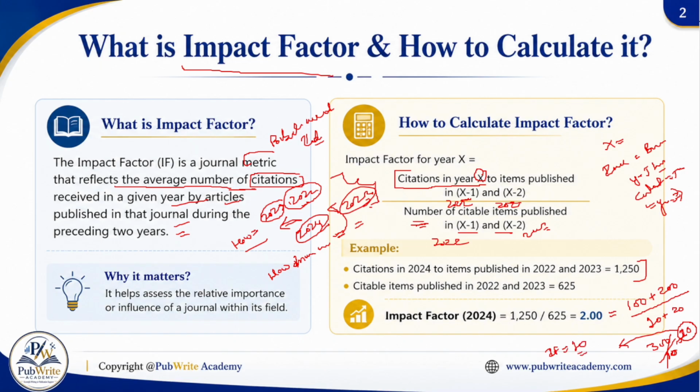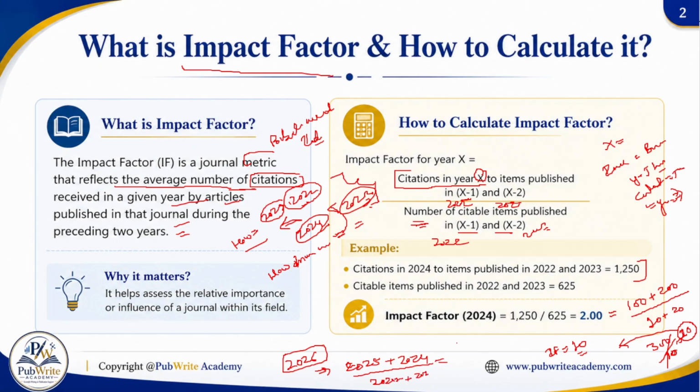Let's take another example. Let's suppose we are calculating the impact factor of a journal in 2026 right now. We first need to understand the citations received on the documents in the last 2 years. Let's suppose the citations received in 2025 plus 2024, divided by the documents published in 2025 plus 2024.